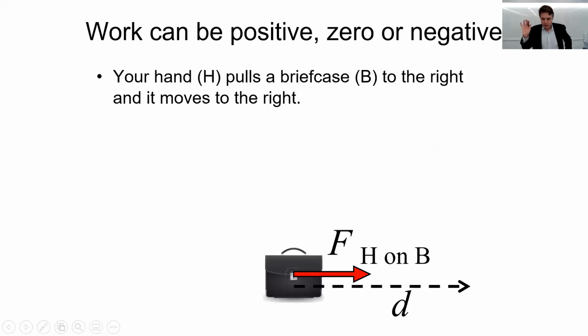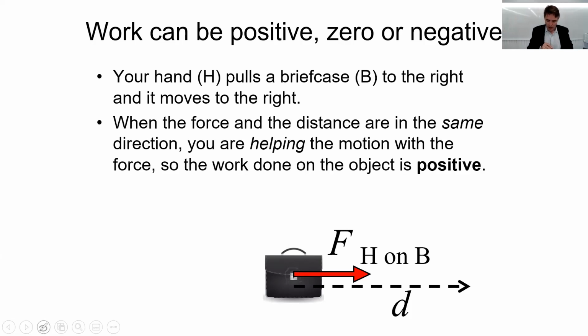So there's three situations here with this briefcase. Let's say your hand pulls a briefcase to the right and moves it to the right. So the force and the distance are in the same direction. This means you are helping the motion with the force, so the work that you do on the object is positive.